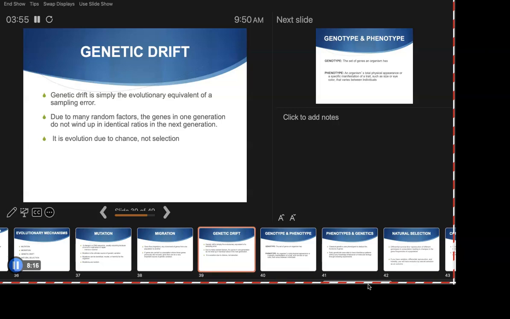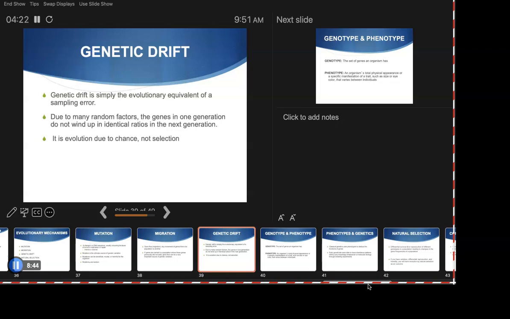Yes, sir? So the third bullet point, evolution due to chance, it's like a lottery, basically? Well, I'm not even there yet, but yes, it is. It's randomness, totally. Statistics tells us what we could or should expect. But if we do this enough times, or if we have enough groups in lab doing it, we see that we don't always get that. And that's genetic drift.